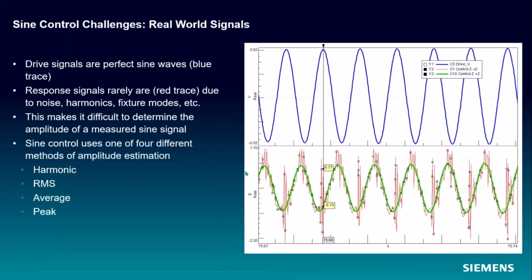Well, there's an additional complication here that you run into. In a perfect sine wave, your peak, peak to peak, and RMS are all related to each other mathematically. However, in the real world, we have this kind of scenario. My controller is going to send out this voltage signal to the shaker.